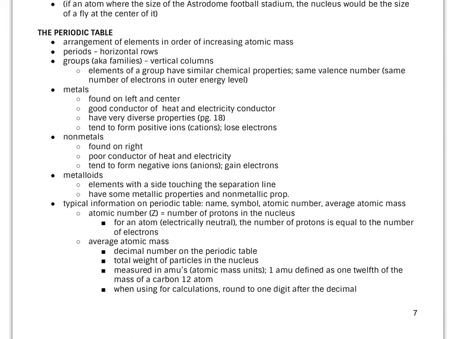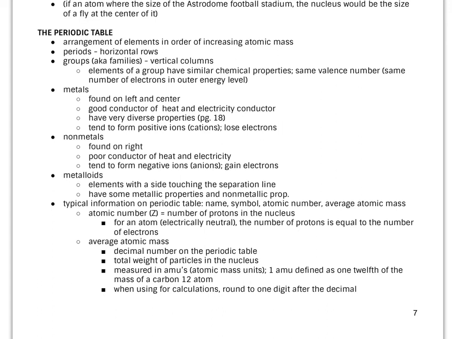Another property of them is that they are good conductors of heat and electricity, which I'm sure you knew, but maybe didn't put together. Typically, any conductor of heat or electricity is going to be metal, which is why your pans are made out of metal, because they conduct heat really well to heat up your food.